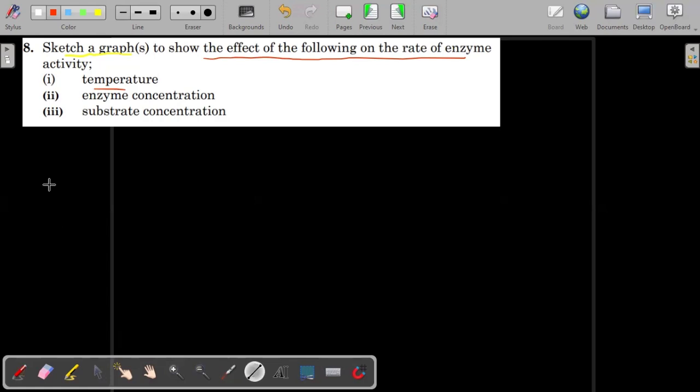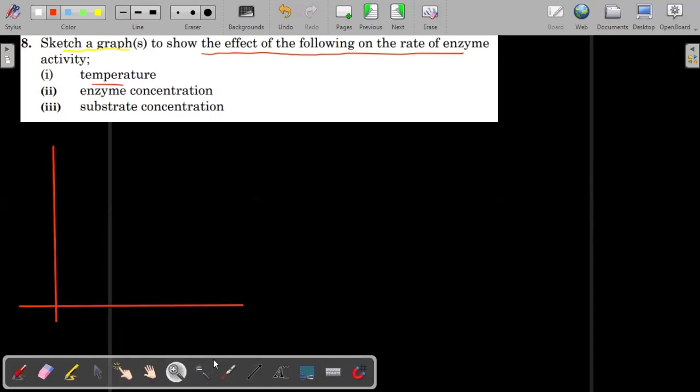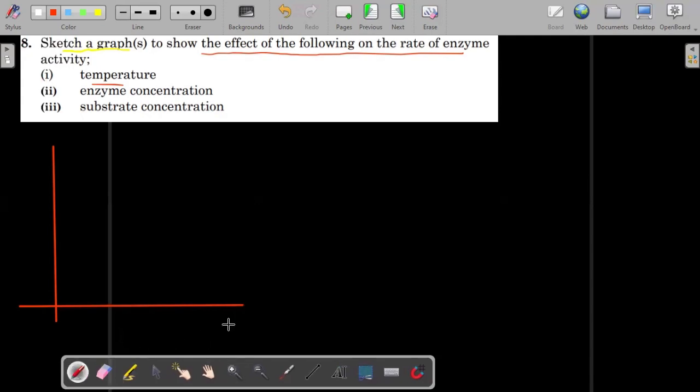Okay, so I'm going to draw this axis like that. On the x-axis here, I'm going to have my temperature. So I'm starting with temperature there. And then on my y, I'm going to have the rate of the reaction.